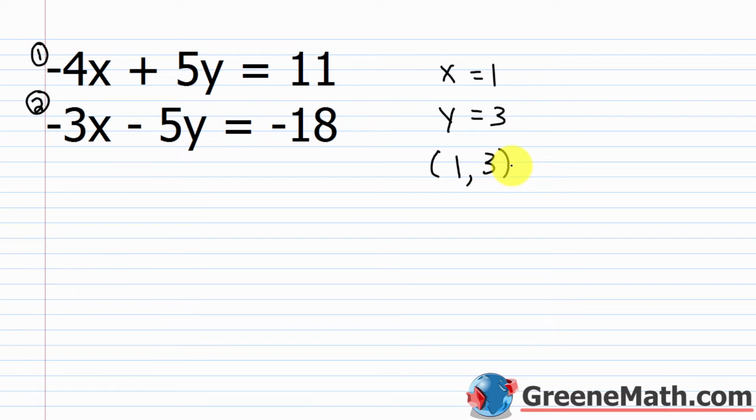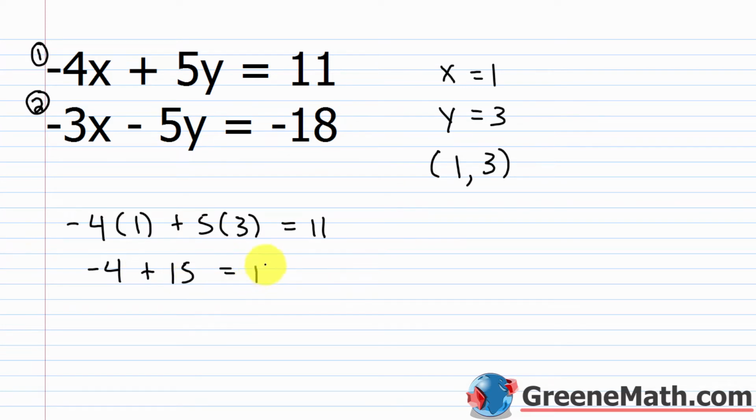Before I move on and explain why I did what I did and why it's legal, I want to check the ordered pair (1, 3) in each equation of the system. Starting with equation 1: negative 4 times 1 plus 5 times 3 equals 11.